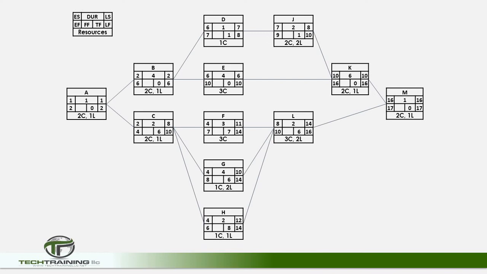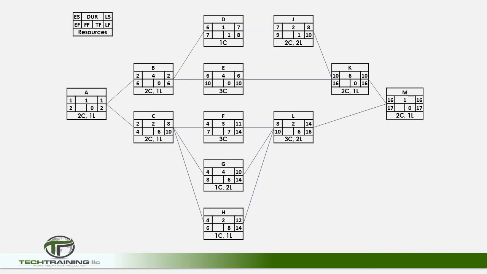Now that the total float has been established, we can determine the critical path. The critical path shows the activities that must be completed on time for the overall project to be completed on time. These are considered the critical activities. In other words, if one of these activities is 1 day late, the project will be 1 day late.